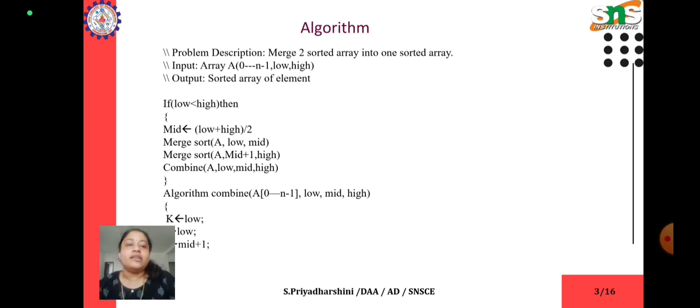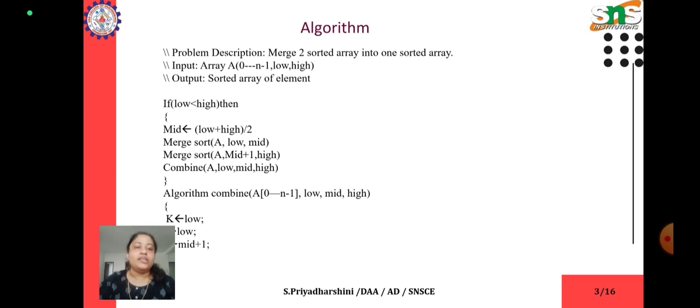Then the next step is combine. When the base step is reached by the recursive conquer step, we successfully get our sorted subarrays A of low comma mid and A of mid plus 1 comma high, after which we merge them back into A of low comma mid comma high.